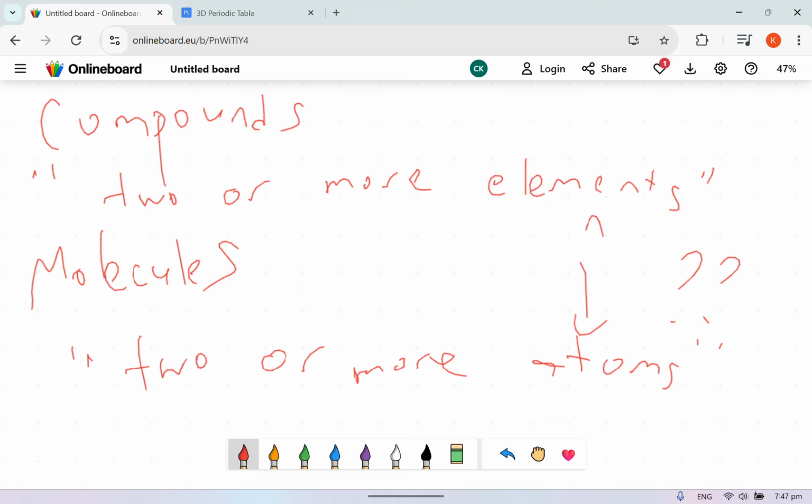Why are they linked? Because remember, elements all come from atoms. For example, oxygen, this element oxygen comes from oxygen atoms. Hydrogen comes from hydrogen atoms. Nitrogen comes from nitrogen atoms. Now, all atoms belong to a certain element.